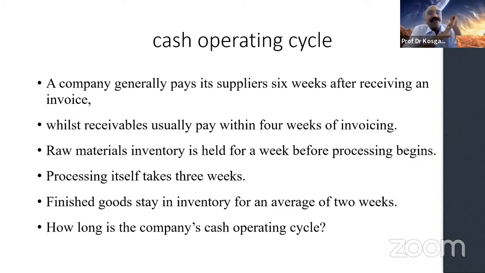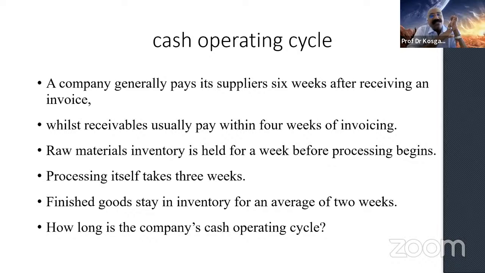A company generally pays its suppliers 6 weeks after receiving an invoice. Note the words: pays 6 weeks after receiving an invoice, while receivables usually pay within 4 weeks of invoicing. Raw material inventory is held for a week, so the inventory period is 1 week.